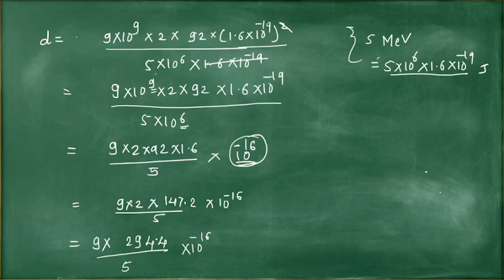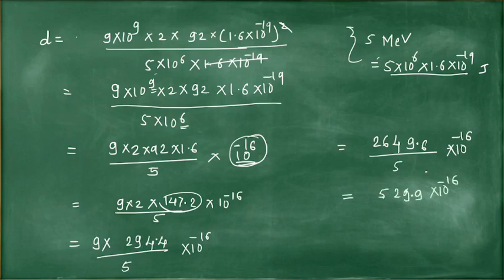The product of 2 into this is 294.4. Next, into 9 upon 5. Approximately you can find this answer: 529.9 into 10 raised to minus 16. This is in meter.